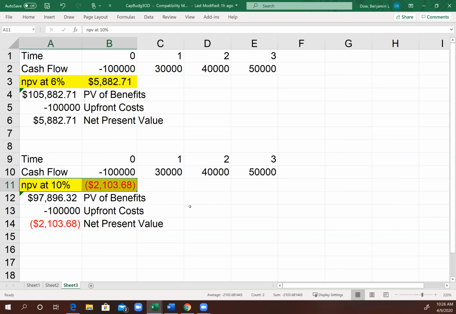Now, what's interesting is the break-even point is something called the internal rate of return. The break-even point is known as the IRR.